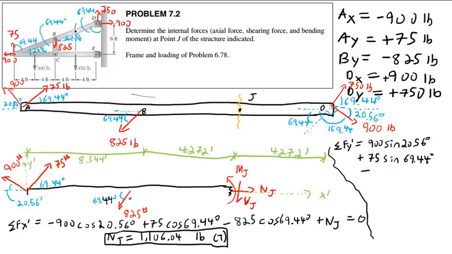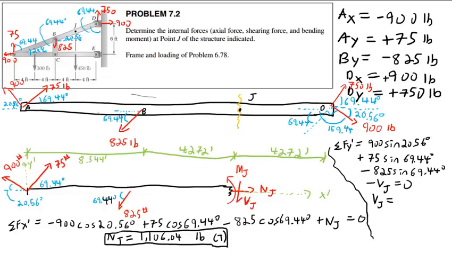minus 825 sine 69.44, minus Vj equals 0. And from this, the shear at J I can get, so 900 times the sine of 20. It's negative 900, I think, right?